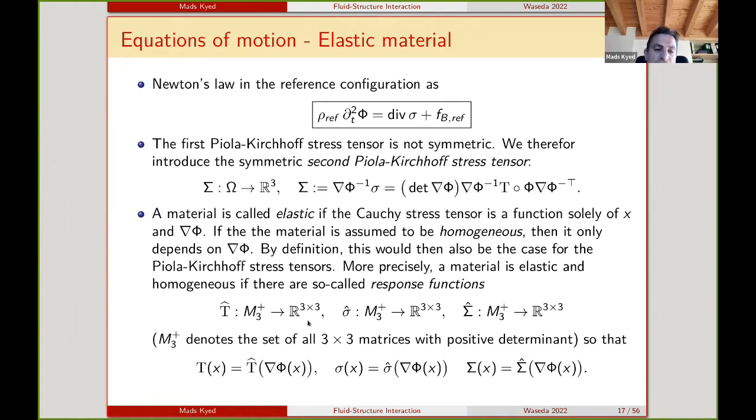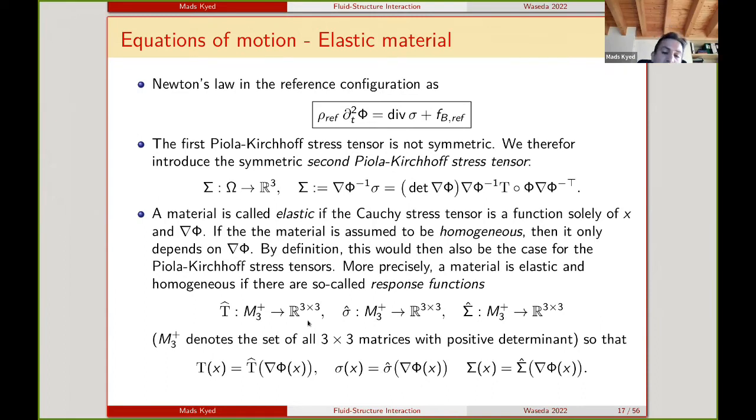Okay, so by definition, the Piola-Kirchhoff stress tensors will only depend on the gradient of phi. More precisely, a material is elastic and homogeneous if there are so-called response functions, so that we can express, for example, the Cauchy stress tensor in terms of a response tensor that depends only on the gradient of phi.